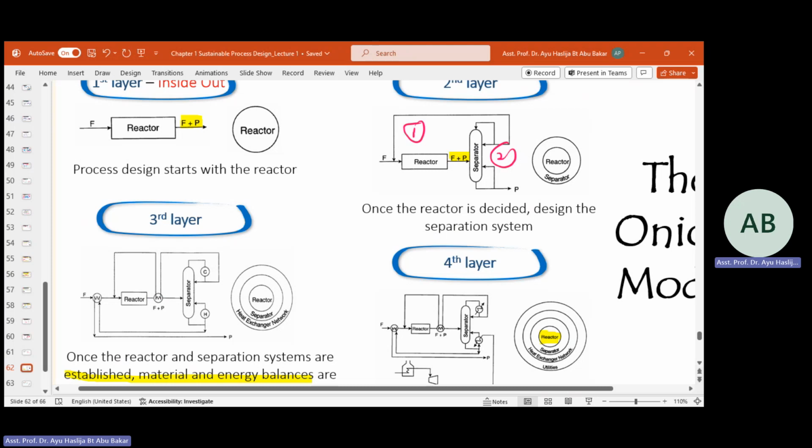So try to consider whether you can do any heat integration over here. Then the separator, for example, if you use a distillation column, the hot stream from the bottom product can be used for heat integration as well. This one is at high temperature, so it can be used to perhaps heat up the feed stream.